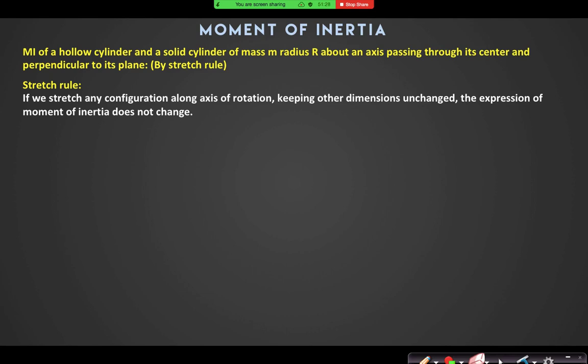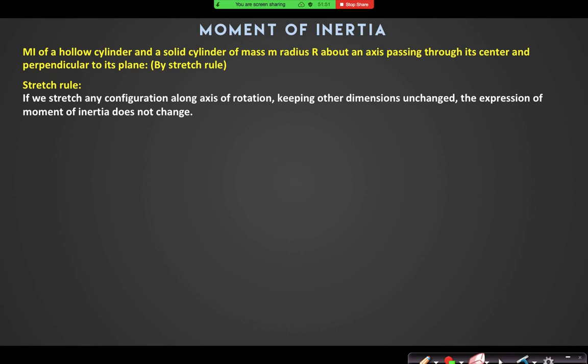Right? You are stretching along one dimension only. You are not stretching simultaneously in any direction. Suppose this is a 3D body xyz, so you can stretch along the z axis. But you should remember that along the x and y axis, whatever the arrangement was, that should remain constant.